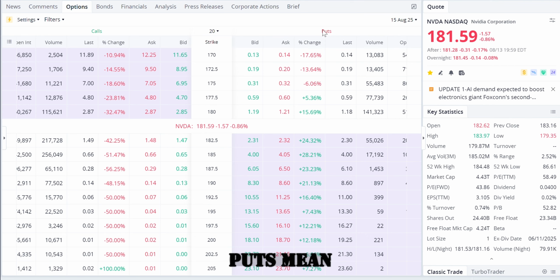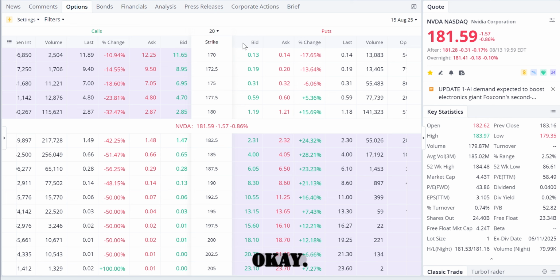Puts mean you are saying that the stock price will go down. So all of the columns on this side of the strike price represent a put, that the stock price will go down.